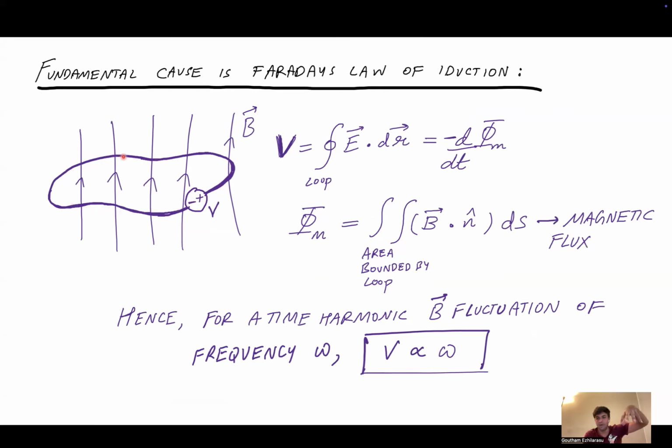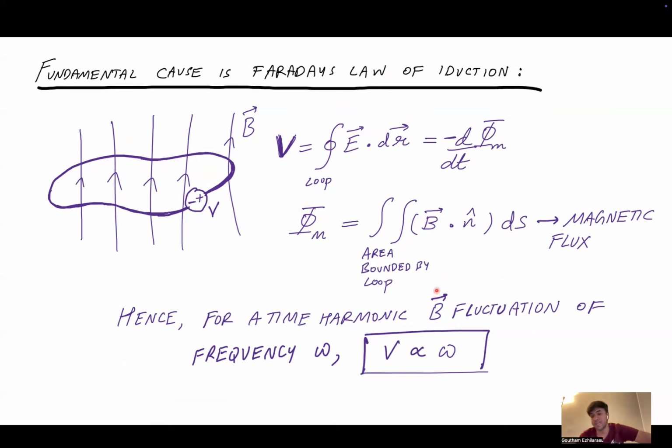From Faraday's law, we know that this time-varying magnetic field through this conductor is going to create a time-varying flux that is cutting through the conductor. And hence this time-varying flux is going to induce a voltage as you go along the loop of this conductor, which is given by the integral over this closed loop of the electric field dr. And obviously the magnetic flux is just going to be the surface integral of the magnetic flux density integrated over the area.